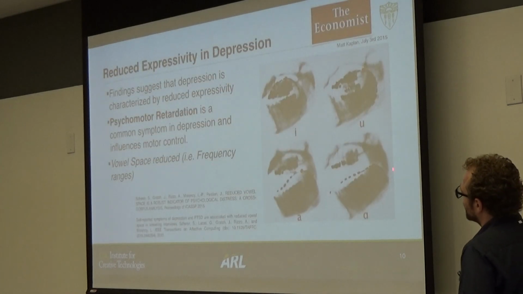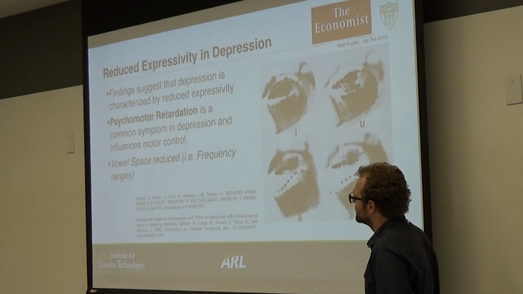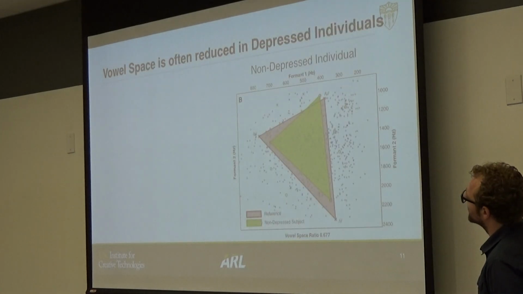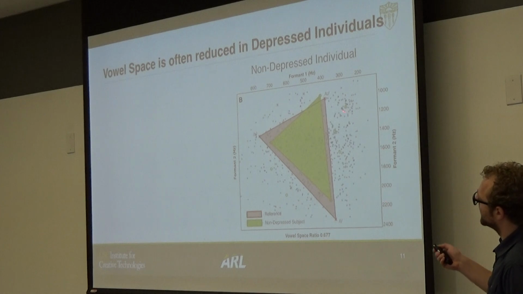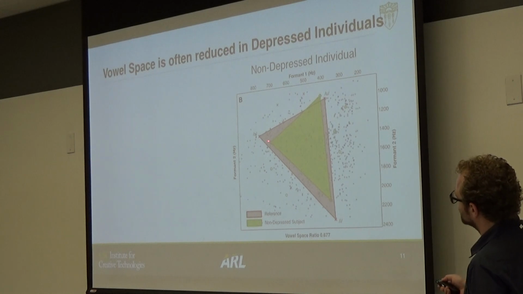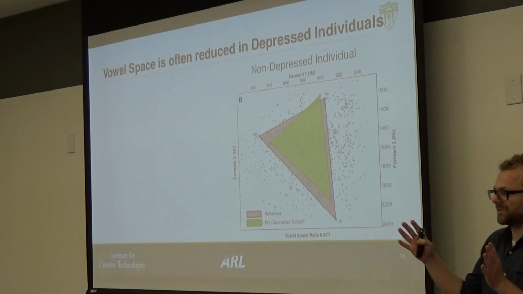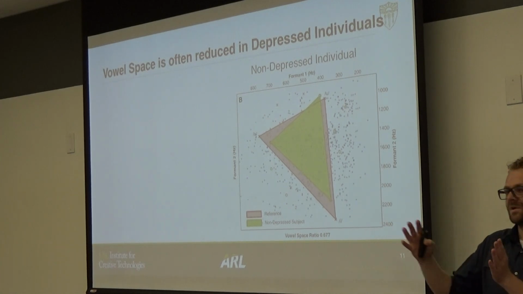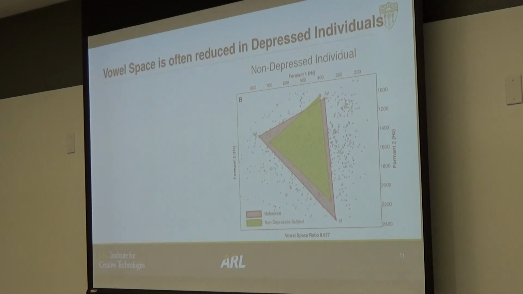We identified psychomotor retardation as one of the indicators, and then I showed you these two plots. On one hand you have an individual that's not depressed, where the green triangle is the individual's triangle and it almost overlaps entirely with the red triangle. That shows this person's vowel space is sufficiently large and it corresponds to the reference population.